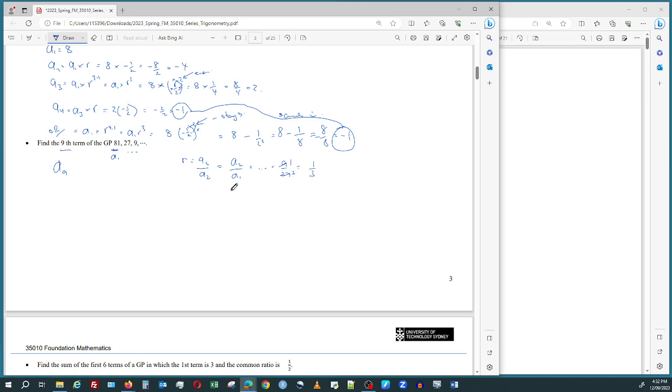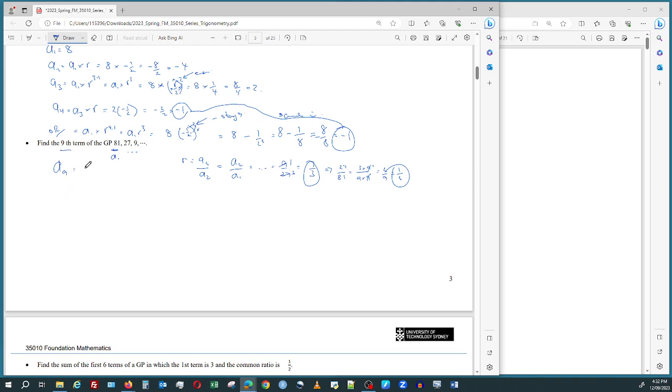So the next thing we can also do is 27 on 81. 3 nines are 27. 9 nines are 81. They'll cancel. And we get 3 on 9, which is 1/3. There you go. So that's very, very straightforward, isn't it? They're both 1/3.